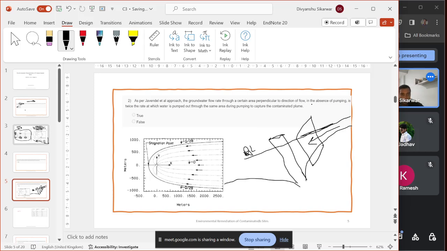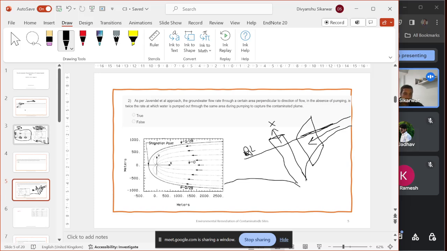So the direction of flow in the absence of pumping. And this is the well. So we are pumping out water from this well. But the question is saying, if we are not pumping out water from the well, the flow in the absence of pumping is twice the rate at which water is pumped out.